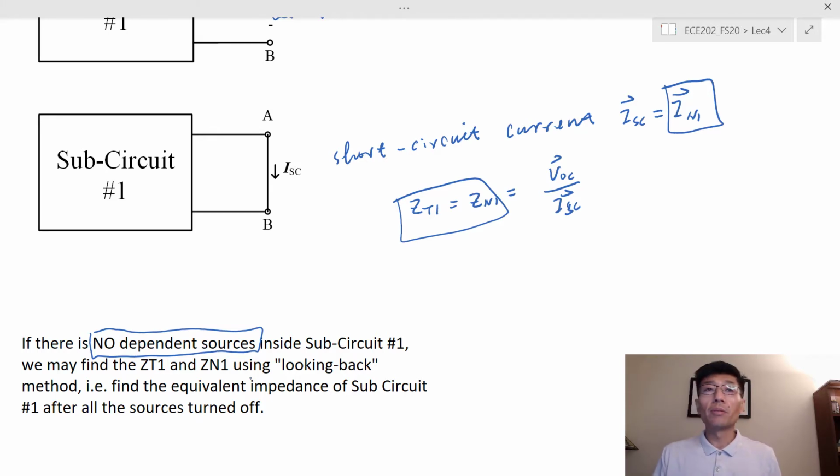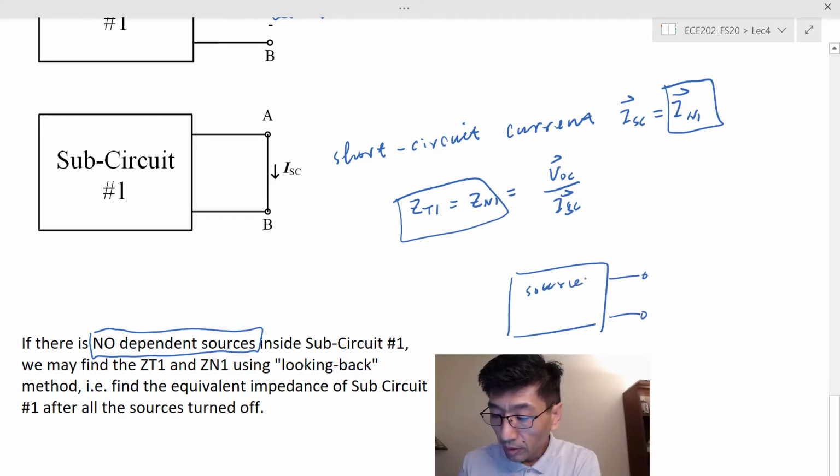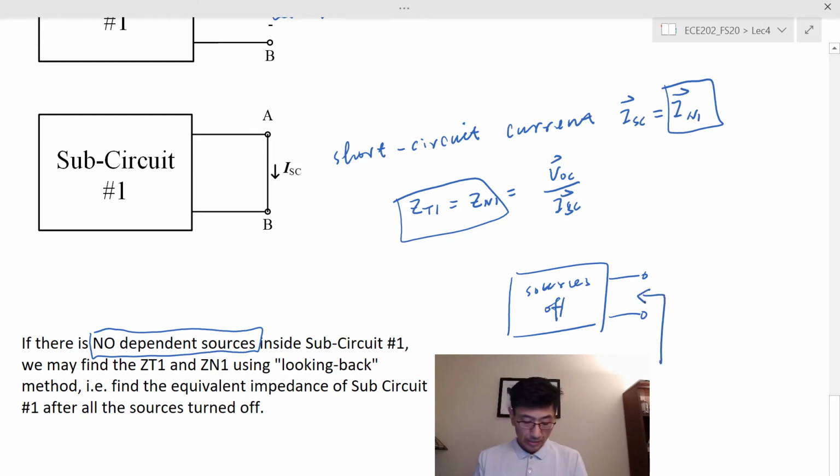Looking back means we turn the sources off, and we look back to find the impedance. So Z sub T1 and Z sub N1 are the same, and we just find the equivalent impedance, basically series and parallel connections of impedances. That's only correct if there is no dependent source.